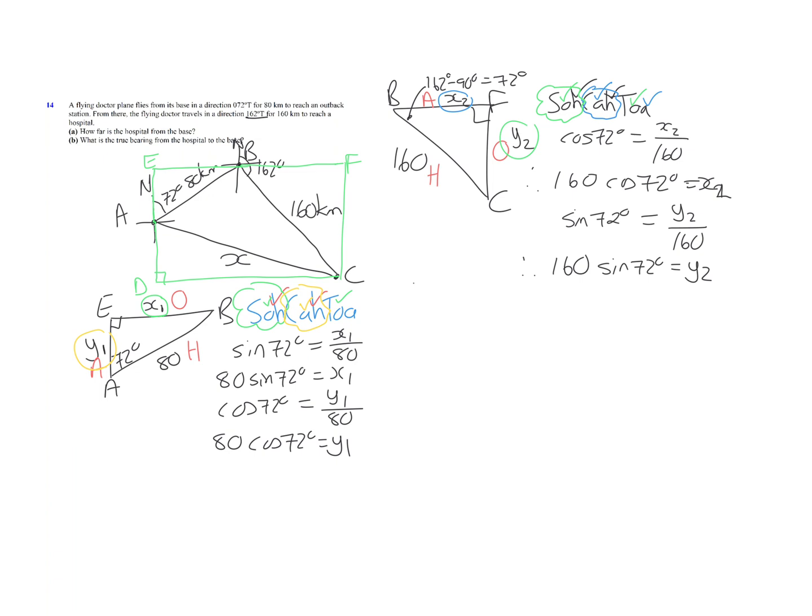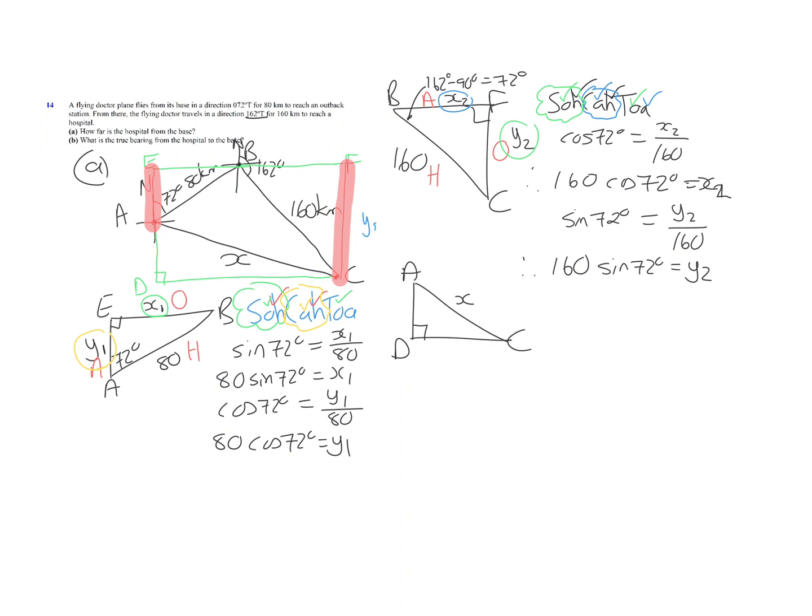In triangle ADC, so that's A, D, and C, that's 90 degrees. That's the x I'm looking for to answer part A. I am now knowing that AD is the difference between FC and EA.